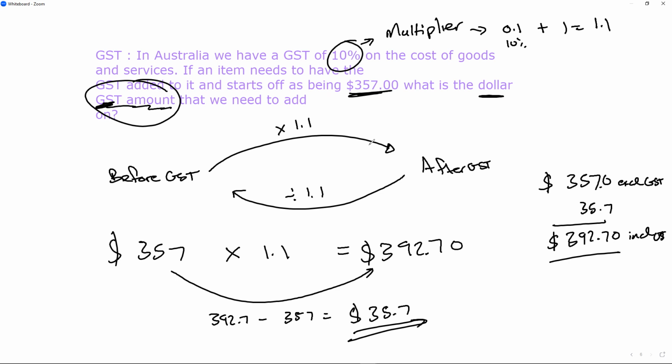So the GST amount is different from GST. So we have excluding GST multiplied by, let's say, 1.15 equals including GST.